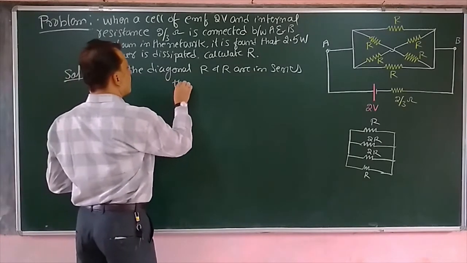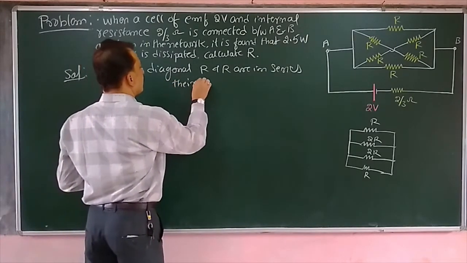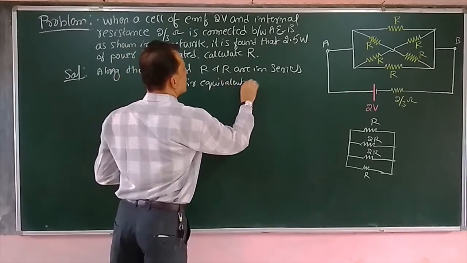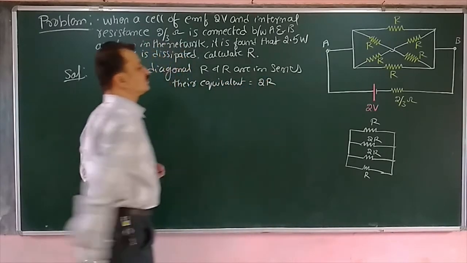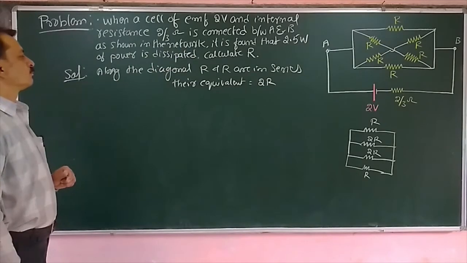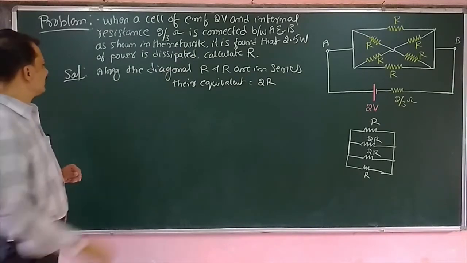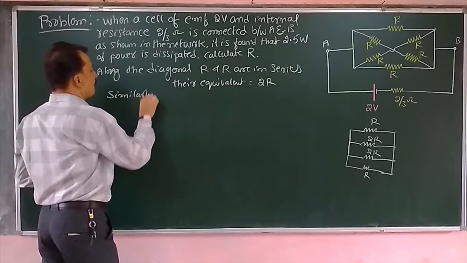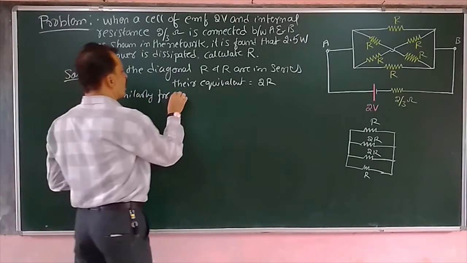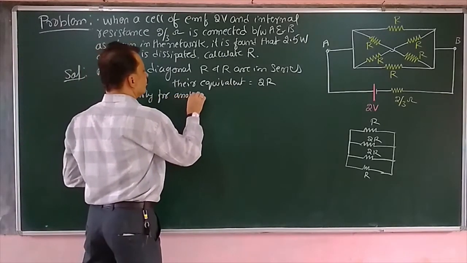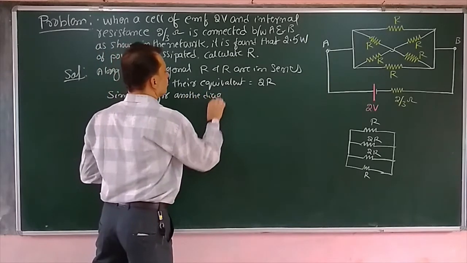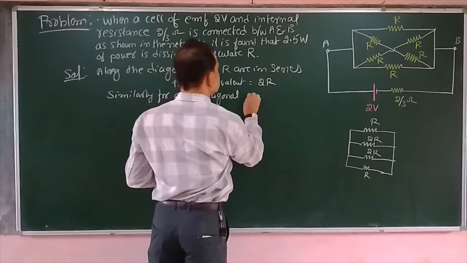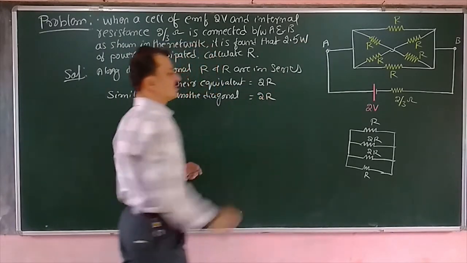Their equivalent is equal to 2R. Clear? Now similarly for another diagonal, the equivalent resistance is also 2R.